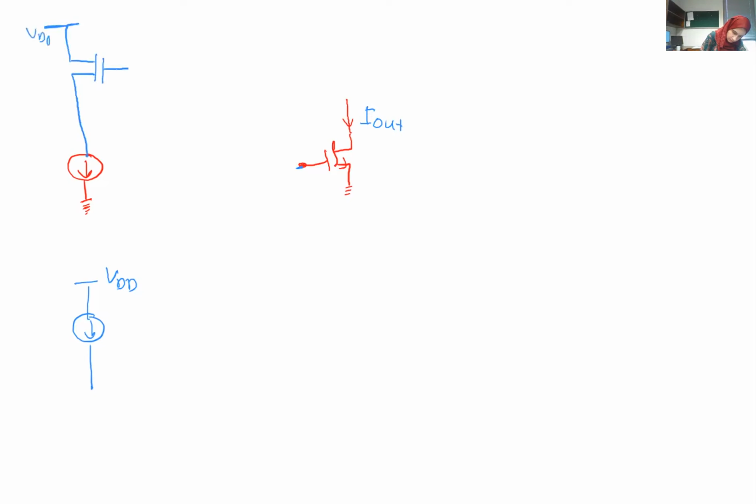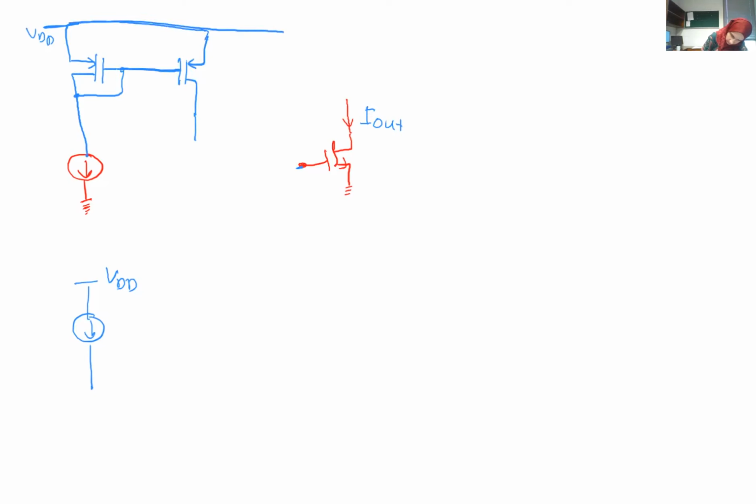PMOS, VDD. Sorry, not here. The gate and the drain are shorted with each other. So here I have another PMOS device. They are all sharing the same VDD.